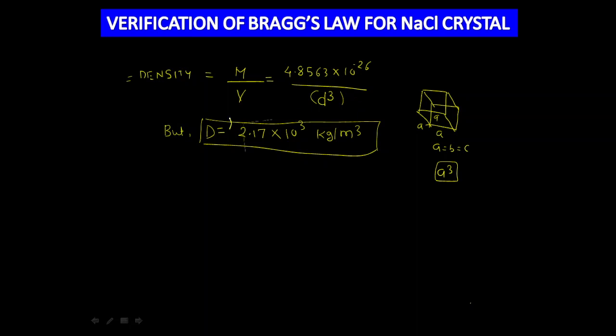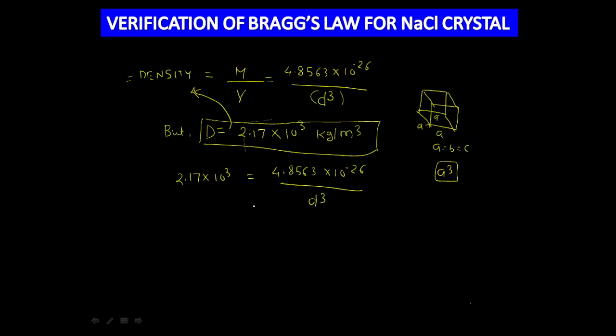After substituting the value, we get 2.17 into 10 to the power 3 is equal to 4.8563 into 10 to the power minus 26 over D cube, where D is the side of that elementary cube.